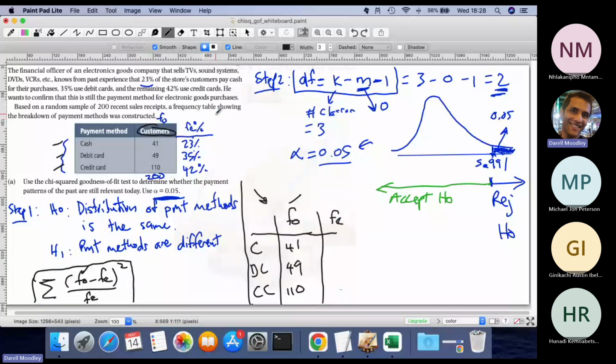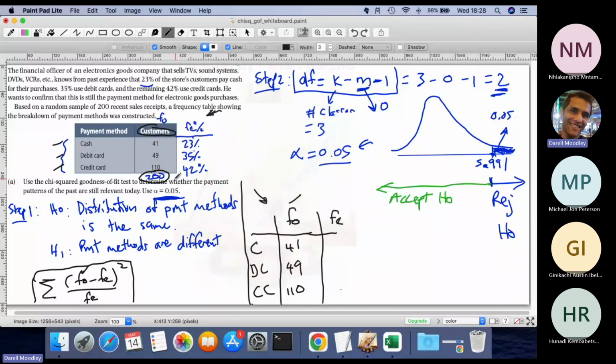Now if you look at this table here, what I've completed, we have FE as a percent. But we want to know what the actual numbers are, not the percent. What are the numbers of customers that we expect to pay by each payment method? So let me ask you this: if you had 200 customers in total, and you expect 23% of them to pay by cash, then what number do you expect to pay by cash?